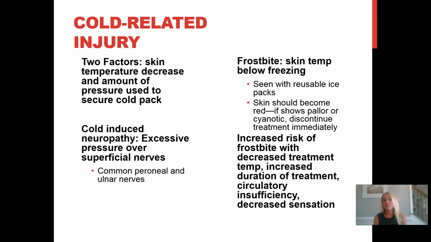And so if we put ice on those areas, the person may actually report some numbness, tingling, or pain along the distribution of that nerve. Typically, once the ice pack is removed and the tissue warms back up to temperature, those symptoms will start to go away. Frostbite, again, is definitely something we want to avoid. It is seen with reusable ice packs because they do get relatively cold. Again, that large tissue temperature gradient.